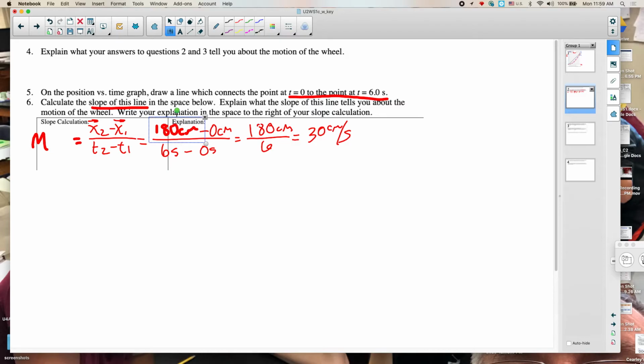The next question says, explain what that represents. Well, if we're looking at the change in position divided by the change in time, what does that calculate? Ultimately, that's the average velocity from 0 to 6 seconds.